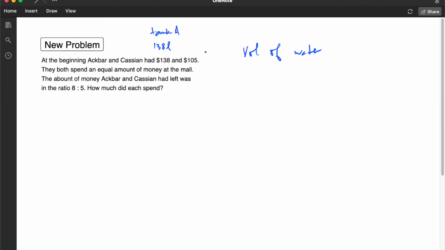And then $105 can be 105 liters in tank B, right? And then equal amount of money spent may be the same volume of water that is being drained from both tanks A and B, right? The solution to this problem will be exactly the same.